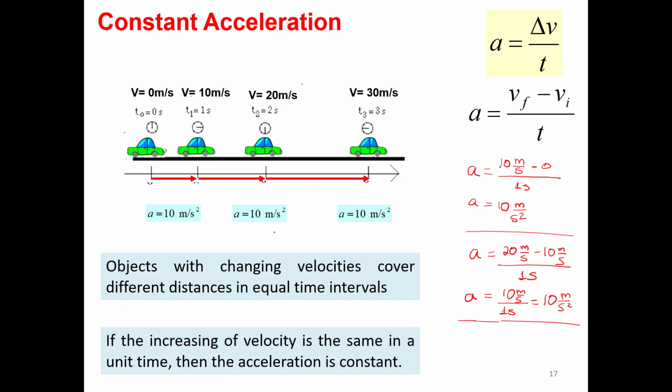Then just to review, the velocity is constant if the object covers equal distance in equal periods of time. But the acceleration is constant if the increase of the velocity is the same in equal periods of time.